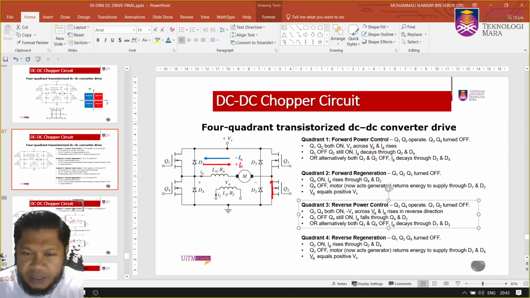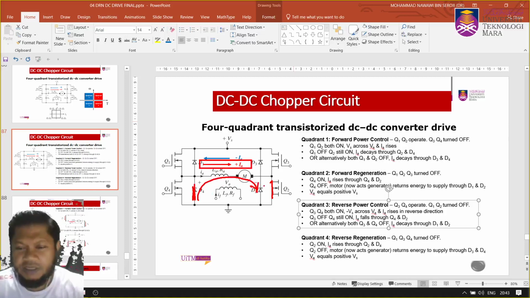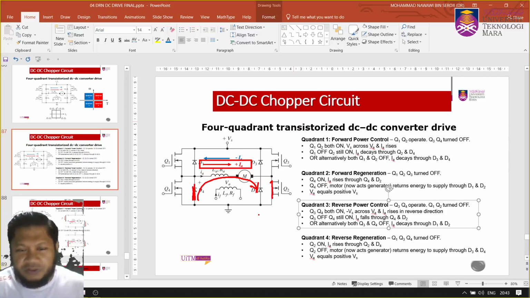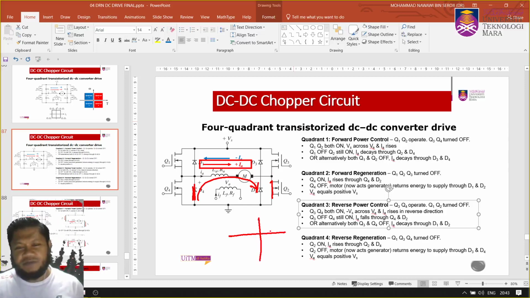Remember, Q4 you have a current in positive direction, so it will flow that direction. So IA rises through Q2 and Q4. Remember the voltage is reverse, and that's why you also have to have negative back EMF here.